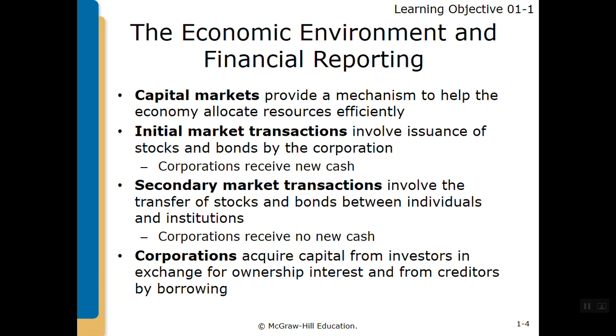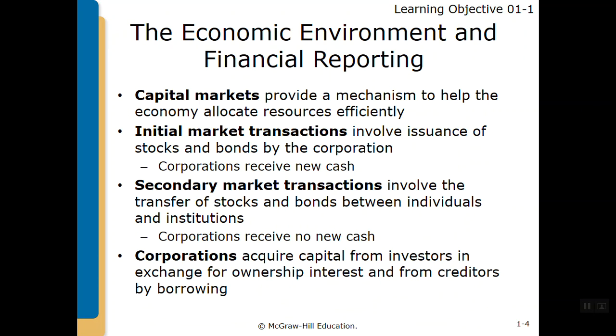Initial market transactions are the transactions that occur the first time a company issues stock or issues bonds. So that's just their initial issuance of either of those. A secondary market transaction occurs when stocks or bonds are traded between individuals or some other institution. So the corporation doesn't get any new cash from those transactions.